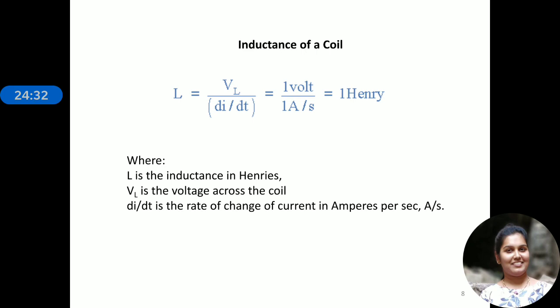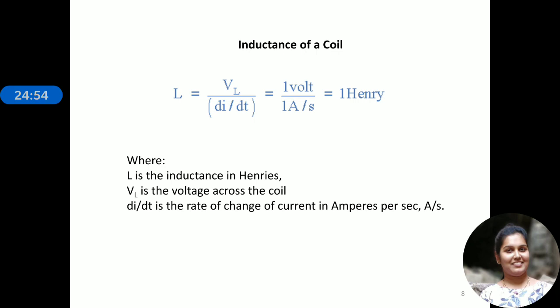Another point to be noted is that inductors are devices which can store energy in the form of a magnetic field. So in contrast to capacitors, which store electrical energy, inductors store magnetic energy.